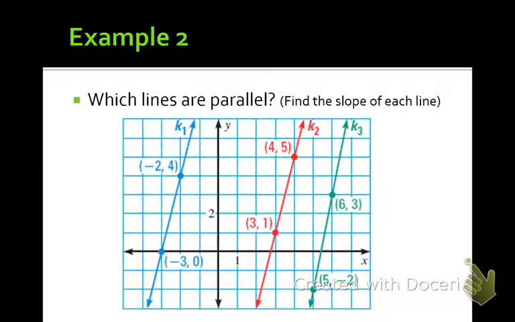Remember, for slope you're using the formula m equals y2 minus y1 over x2 minus x1. That's the formula you're going to plug into. Find the slope.